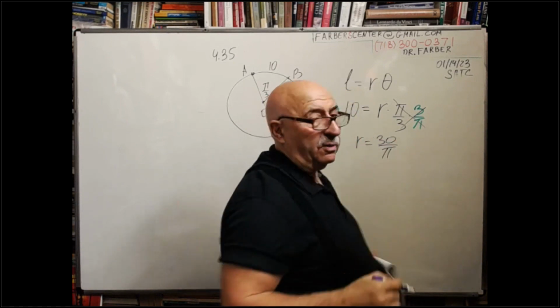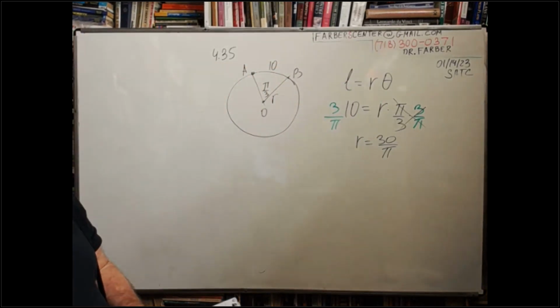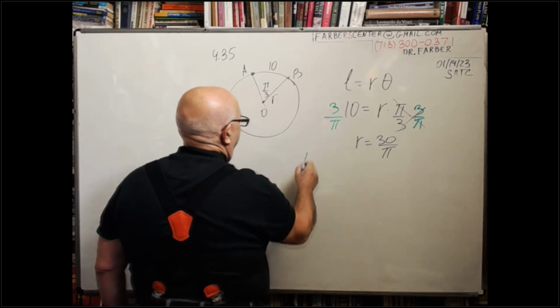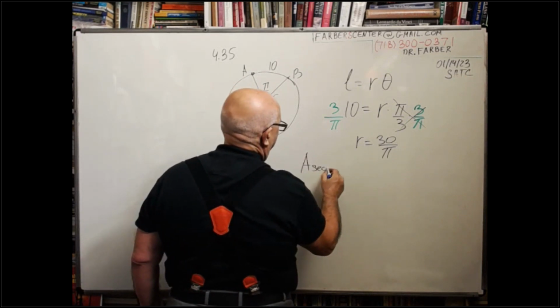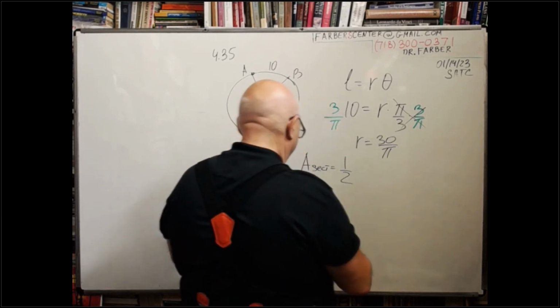I step back. Who understands this up to this point? We use it many times. No questions, right? Now I use the second beautiful formula. Area of sector equals 1 over 2 r squared theta.